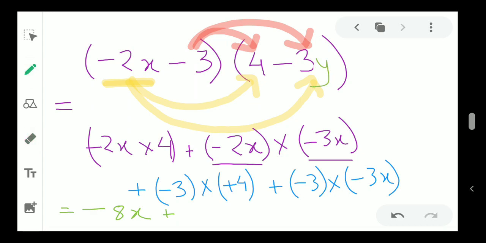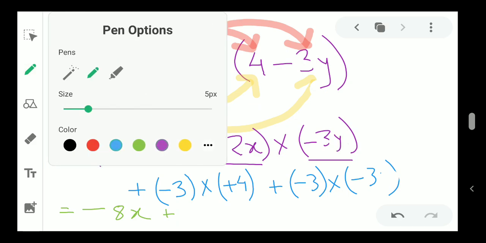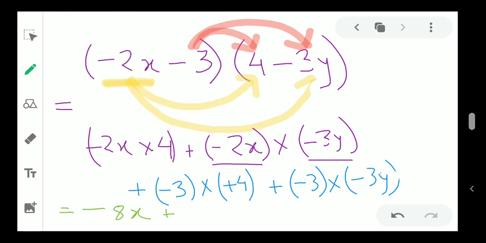Okay, it was y. Okay, so why I am writing it y, I will tell later on. So 3 1 will be y. Okay, y, and then this will be y.